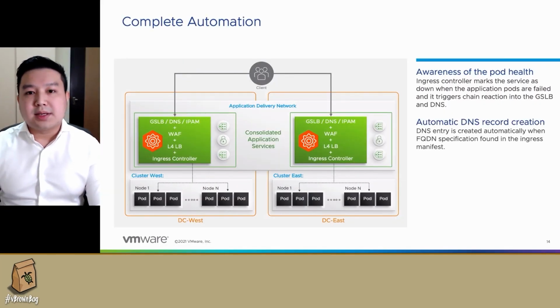NSX Advanced Load Balancer configures the DNS record based on the host value in the corporate DNS service. So when the apps team deploys an Ingress, the DNS record will be created automatically. An Ingress definition with a specific label and annotation will also configure GSLB services and policy automatically. So this brings me to the third point, which is streamlining the operation.